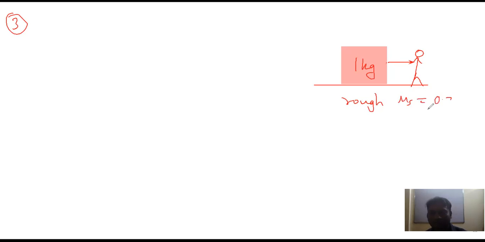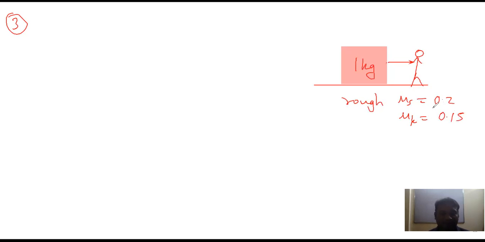So this is our block and this is our ground. And a man is pulling this block. So the block has mass 1 kg. It is kept on a rough horizontal surface having coefficient of static friction 0.2, mu k, which is 0.15.